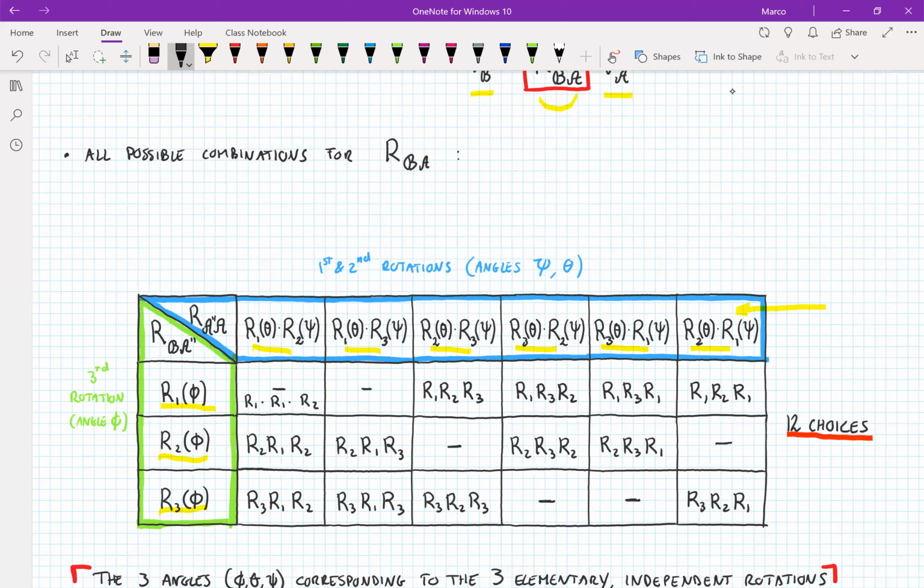But you see that we have two consecutive rotations about the same axis, which will render the rotation not independent. So we cannot include this as a possible case. So I'm going to do that for the other 5 instances. So we are left really with 12 possible choices.